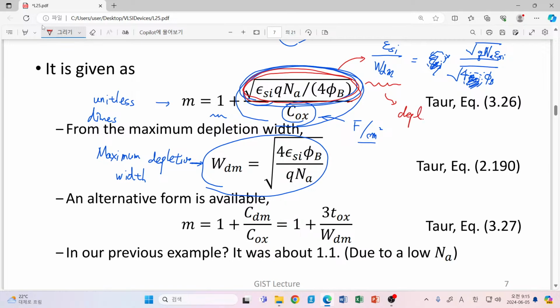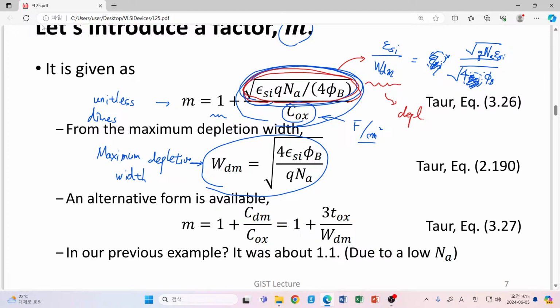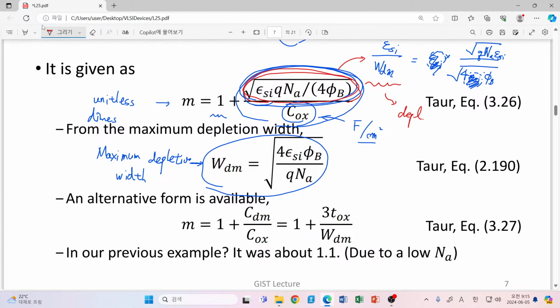So simply speaking, now you can identify this n factor is corresponding to 1 plus the ratio between two areal capacitances. One capacitance is related with our depletion layer, and the other one is the oxide layer.